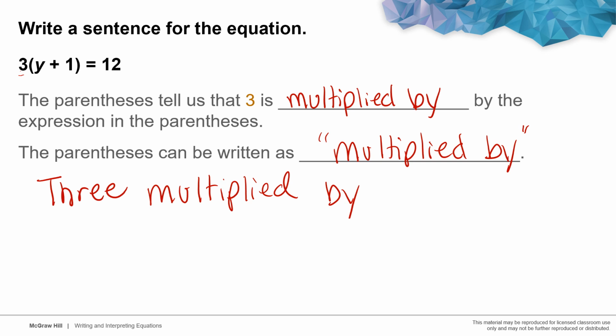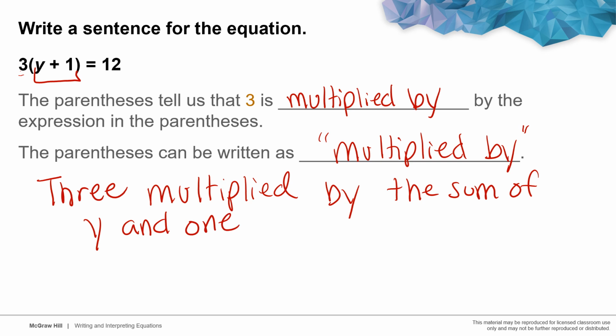How would I write the next part, what's in the parentheses? You could do y plus 1. You could do the sum of y and 1. Either one of those works. I'm going to say multiply by the sum of y and 1. Or you could do y plus 1.